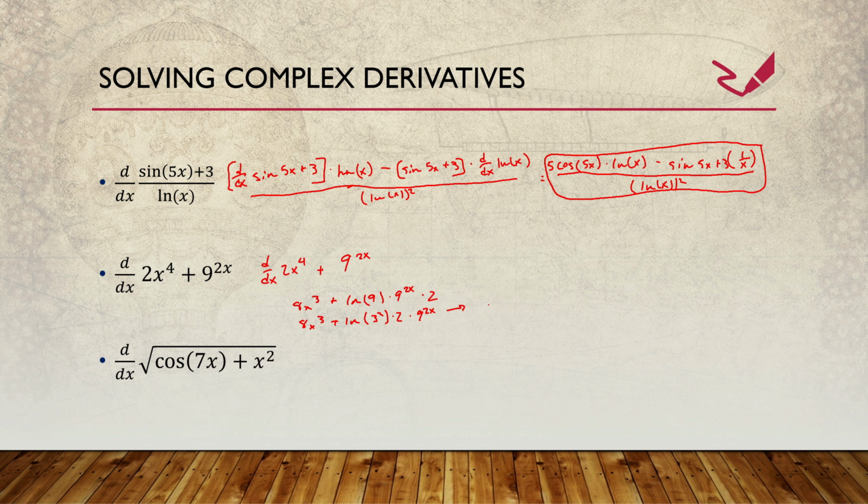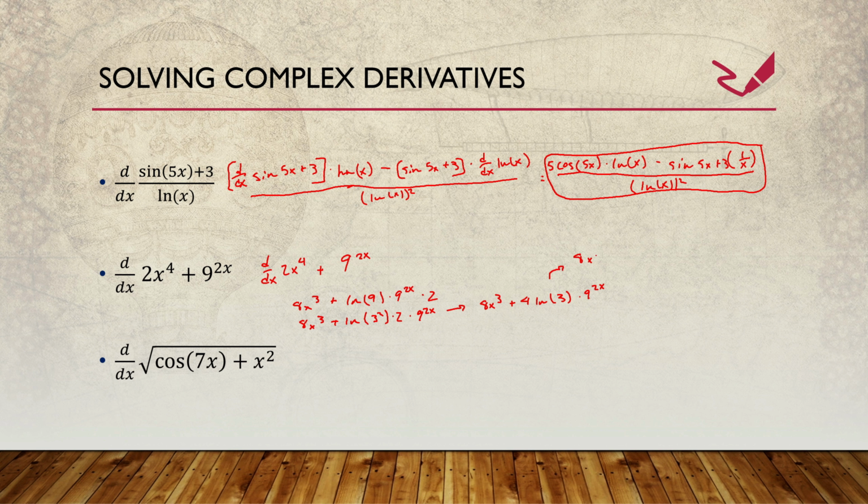So by doing that, you're going to do 2 times 2 equals 4 ln of 3. So it's going to be 4 ln of 3 multiplied by 9 to the power of 2x. And 9 to the power of 2x can be simplified to 81 to the power of x.